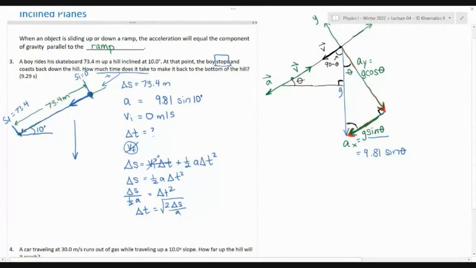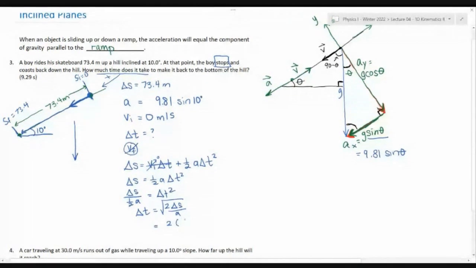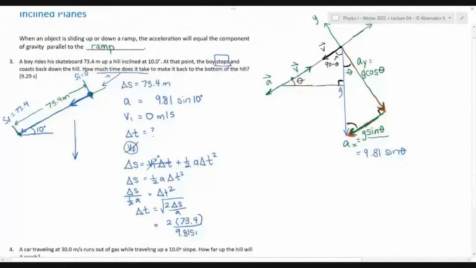Okay, so all I'm doing is rearranging to solve for delta T. If you'd rather substitute your numbers in first, that's fine too. And then I'm going to plug in my numbers. So I have 2, my delta S we said was 73.4. My acceleration was 9.81 sine 10. And then it's all in a square root sign. Somebody want to type that up and let me know what you get?